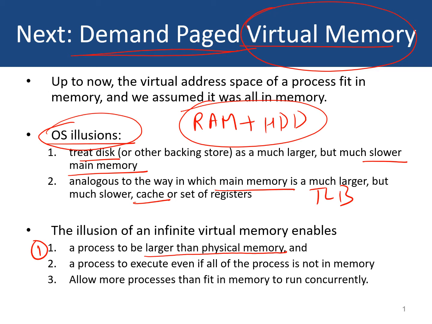With only a fraction of a process needing to be inside the main memory, we can fit more processes concurrently in the same amount of RAM. So the degree of multi-programming will go up significantly. And finally, note that we only need to load a fraction of the process from the hard disk into the main memory to begin its execution. So the loading time of the processes before execution will significantly go down.